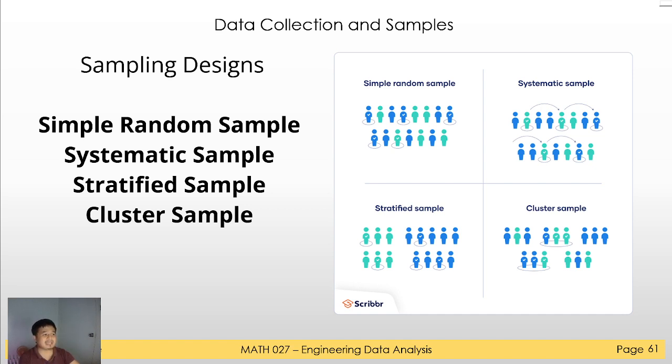For a systematic random sample, this is a random sample as well. In a systematic sample, let's say again we have 15 population of respondents, and we want to just find 5 respondents.